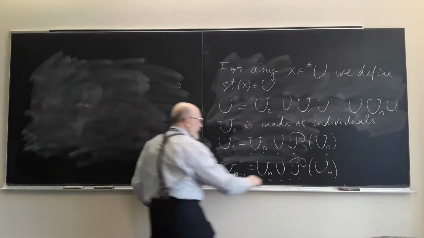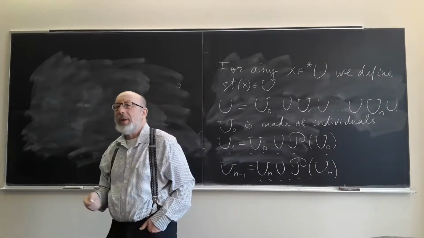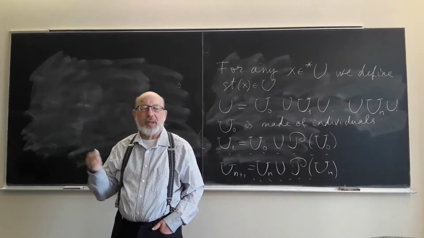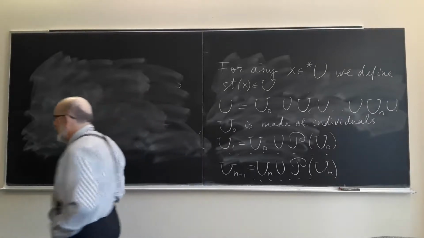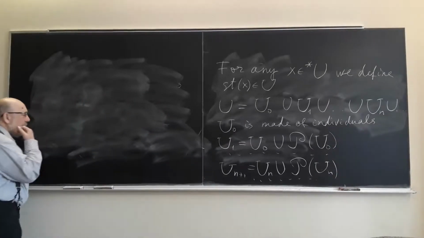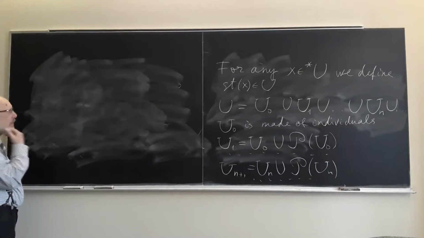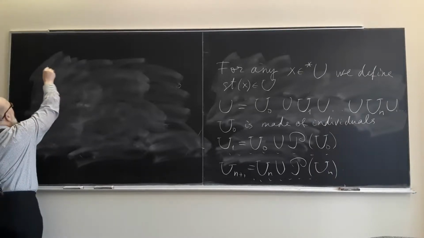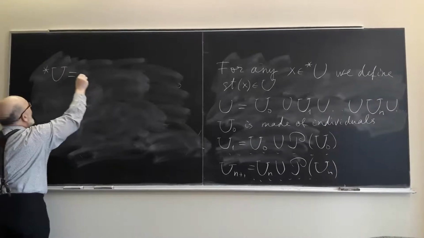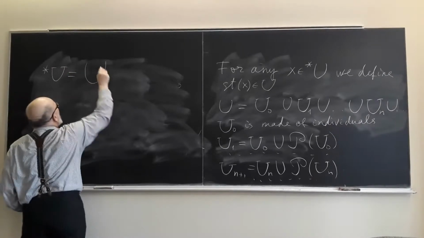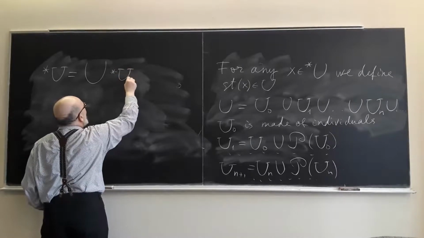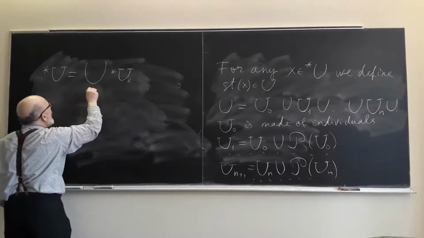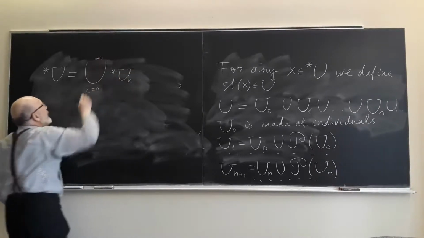Now, there's no need to follow again all the steps in the construction of the non-standard universe. We have that star U equals the union of star U k, k from 0 to infinity.